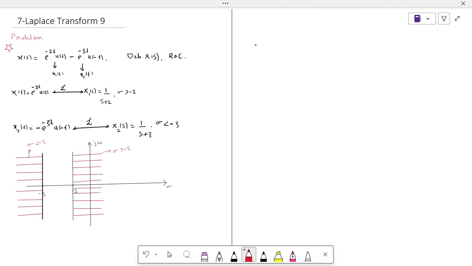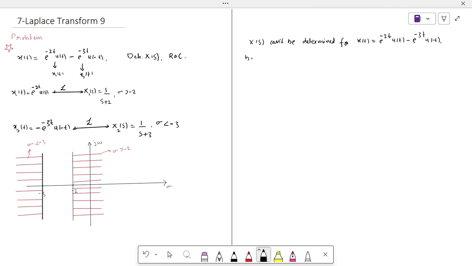So x of s cannot be determined for this x of t equals e power minus 2t u of t minus e power minus 3t into u of minus t.